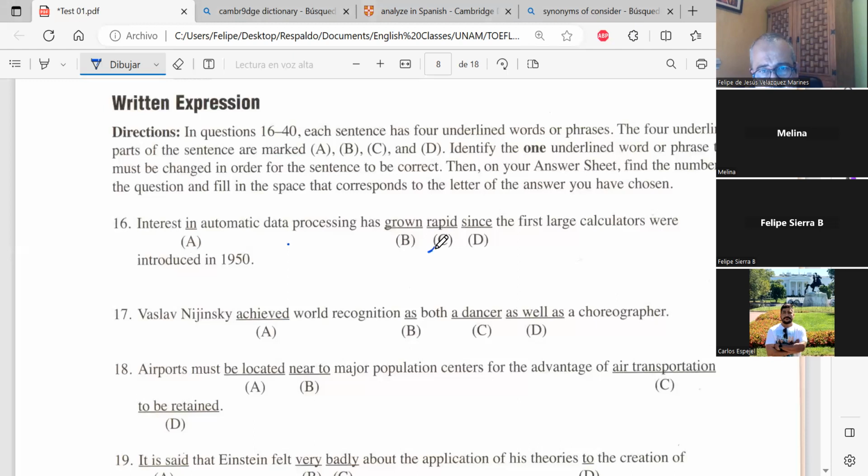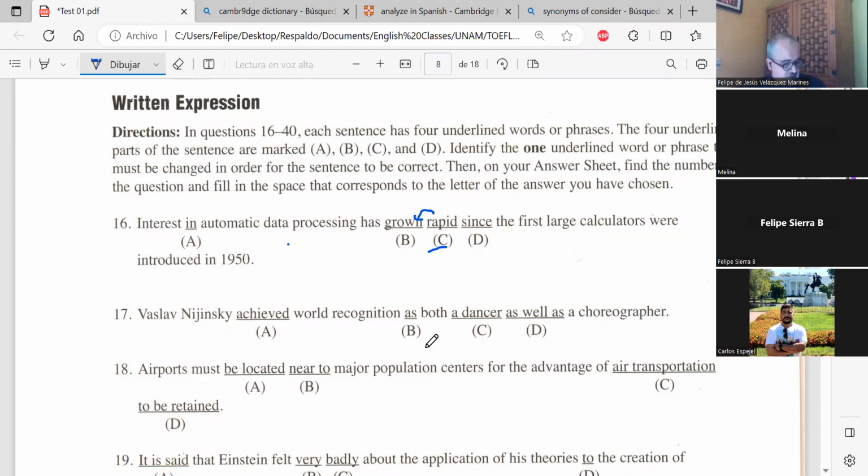Why? Because after a verb, we use an adverb. So we have to say rapidly. Pay attention that we speak Spanish incorrectly. I always say the same. Sometimes you have to tell the students these kinds of things in order to make them conscious of it, like you are selling your own image as a notable teacher.